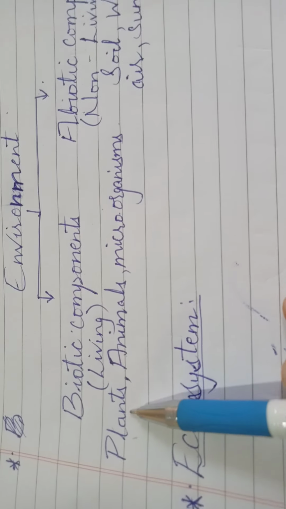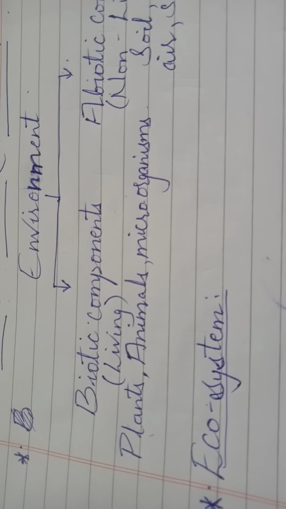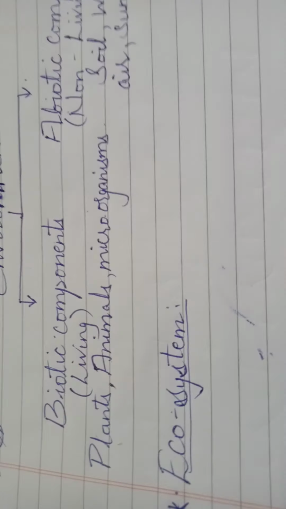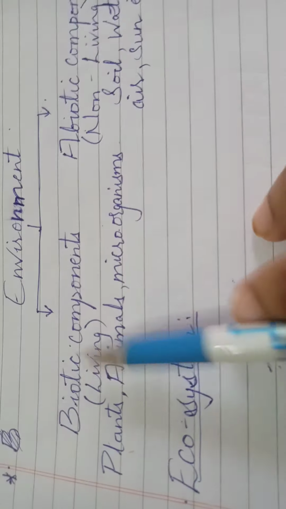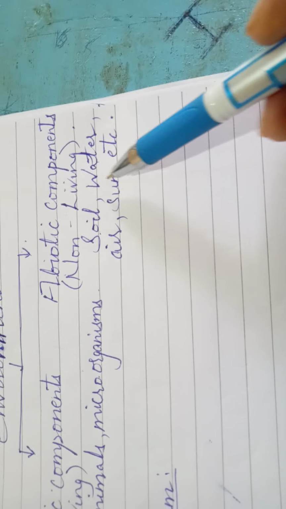For example, in a garden, we will see different kinds of plants. There will be grass, herbs, shrubs, different kinds of plants with different properties or different kinds of structures. These plants require non-living things like soil for roots, water for their growth, sun for photosynthesis, right?